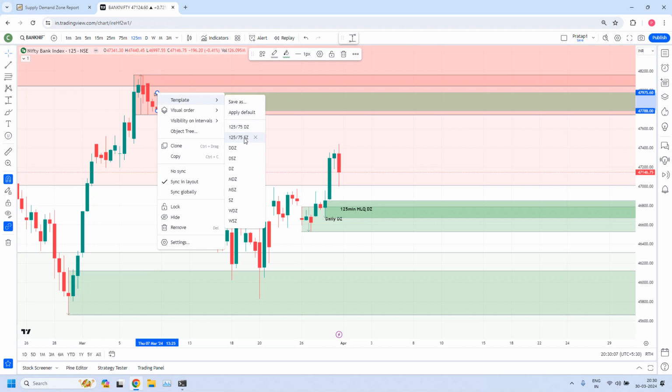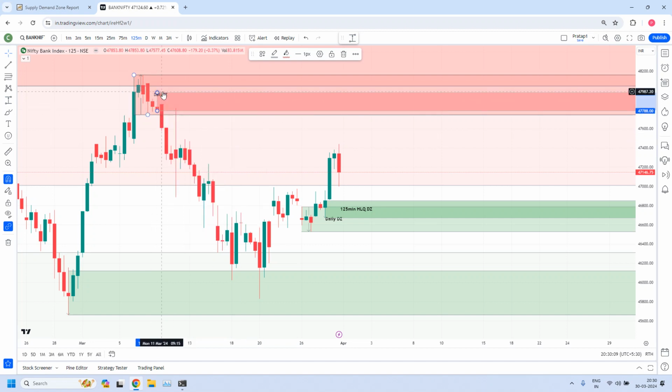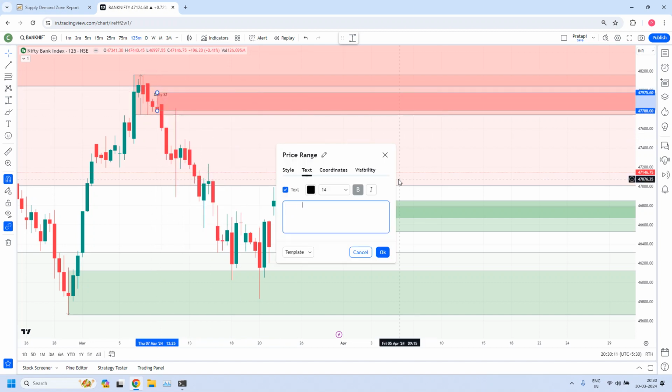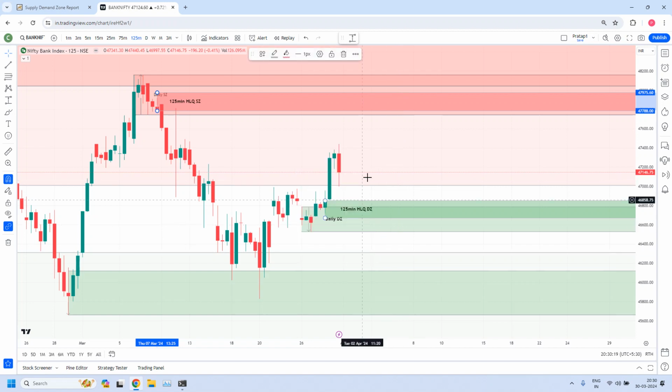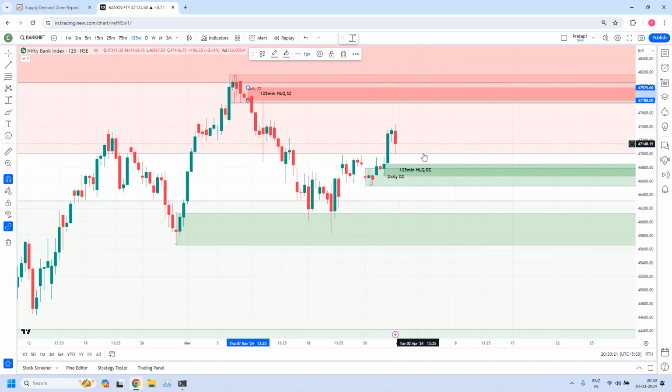This is the 125 minutes high liquidity supply zone. Okay, these are the immediate levels we identified.